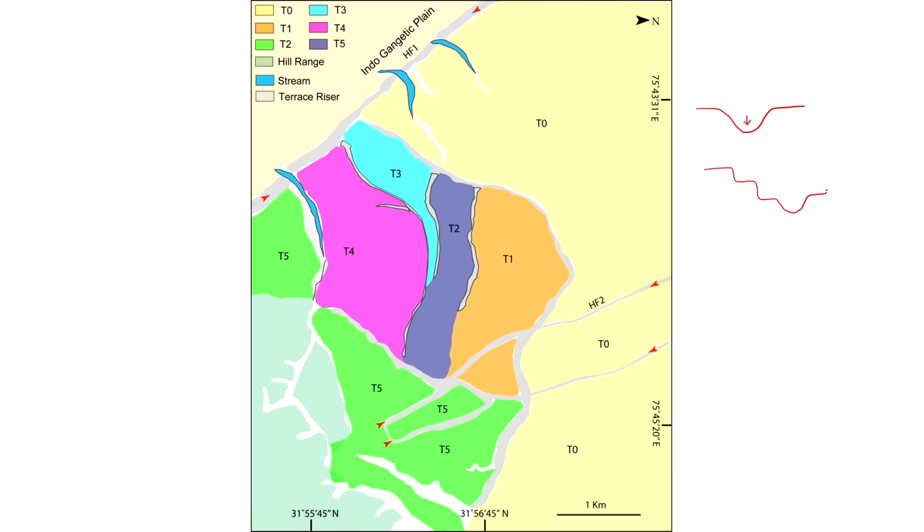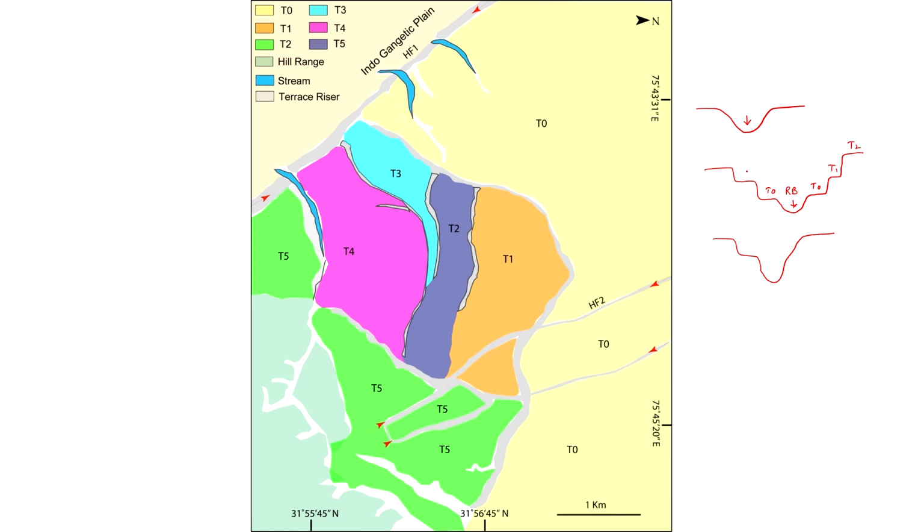If you are having paired terraces, then you will see like this. If you are having unpaired terraces, then you will see something that looks like this. So these are the terraces, and terrace chronology is usually such that the one close to the channel, close to the river bed, is the younger one.